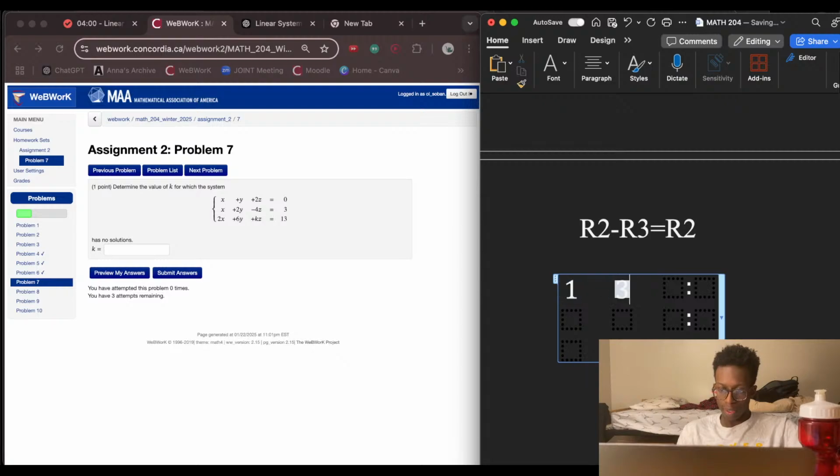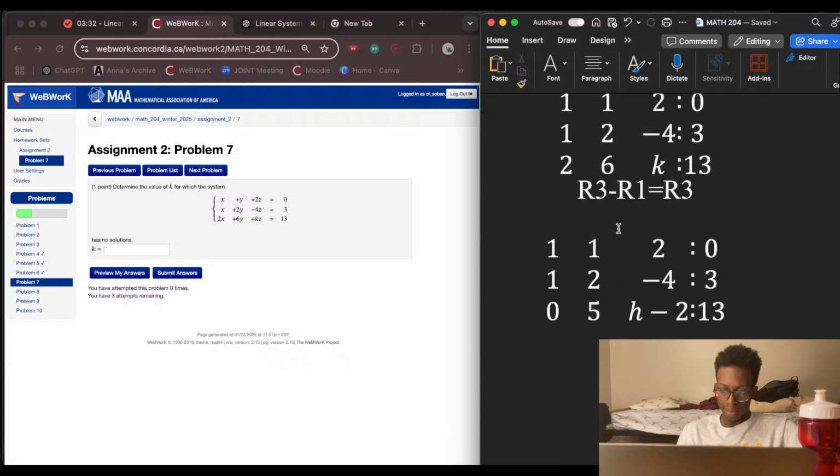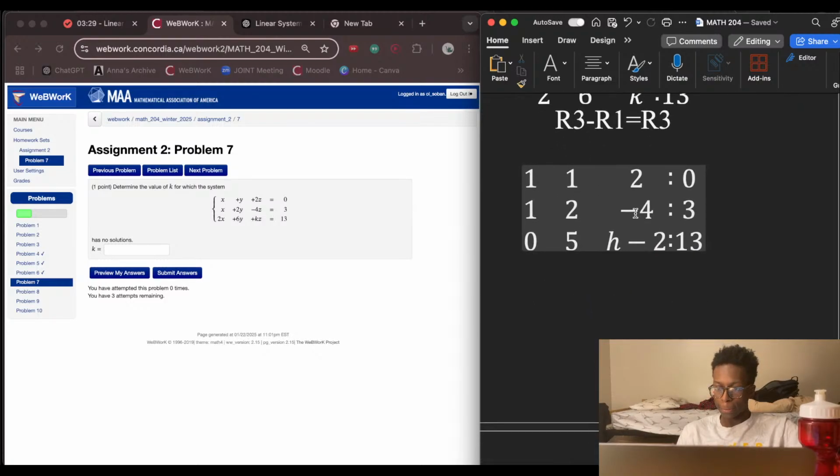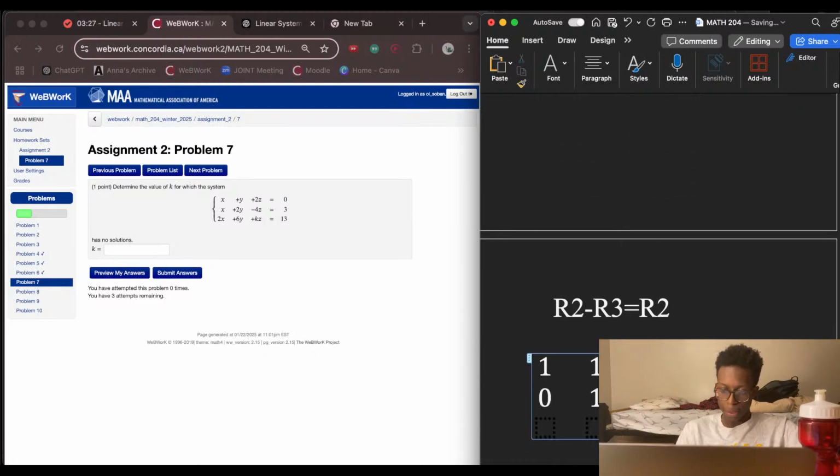Row 2, so then it'll be 1, 2, 1, 1, 2, and 0. And then this would now be x, 2y, no, 0, 2, no, 0, 1, and -6.